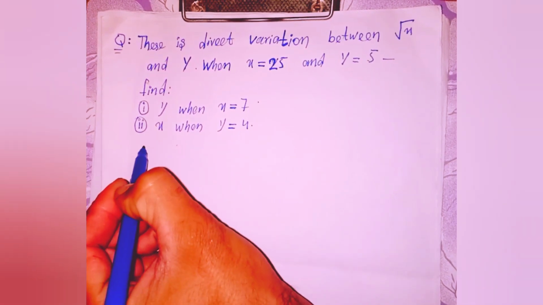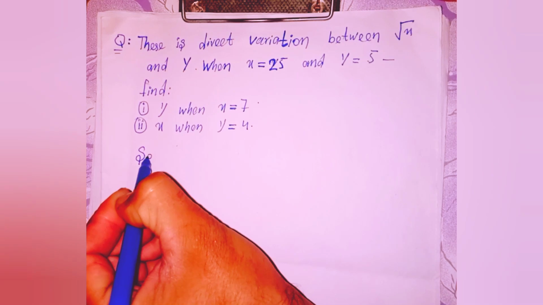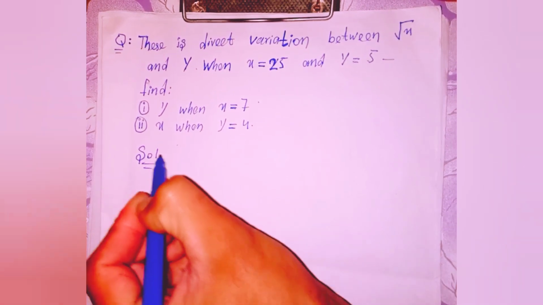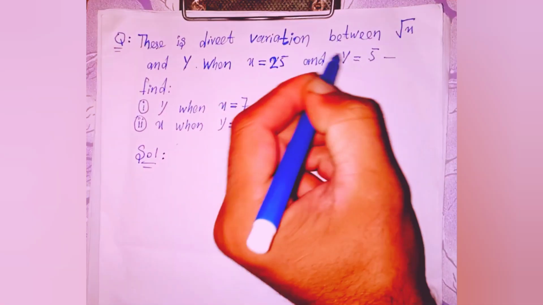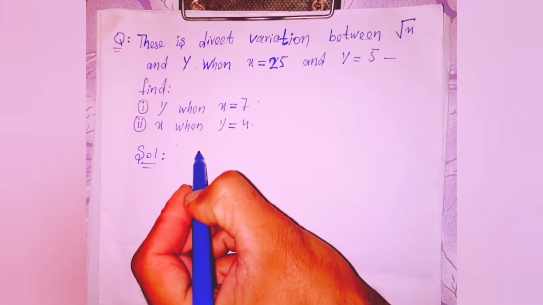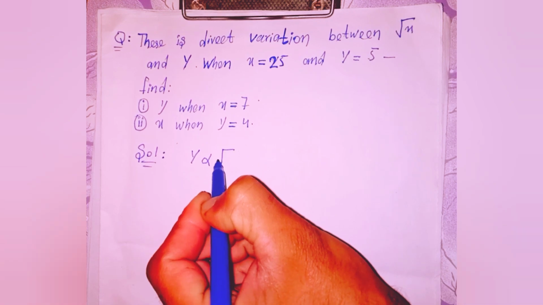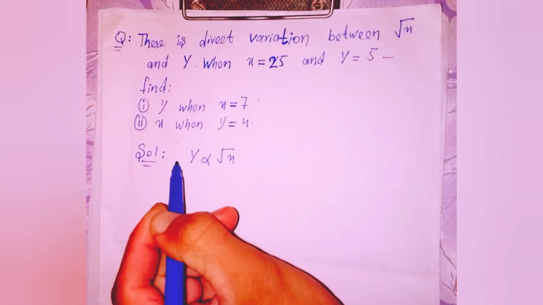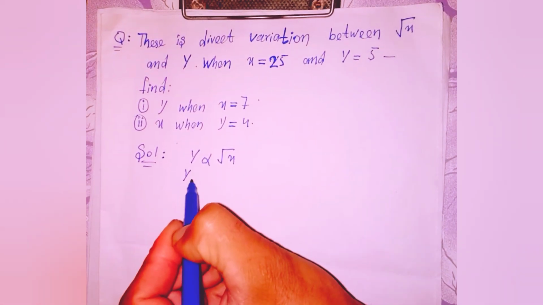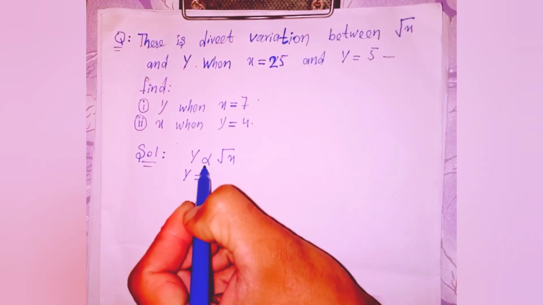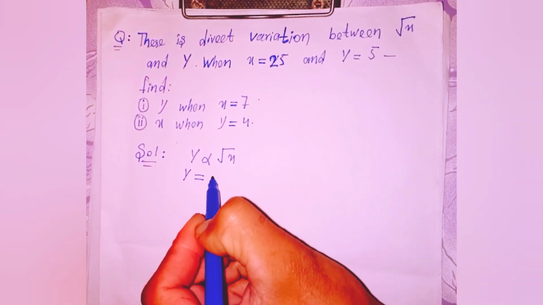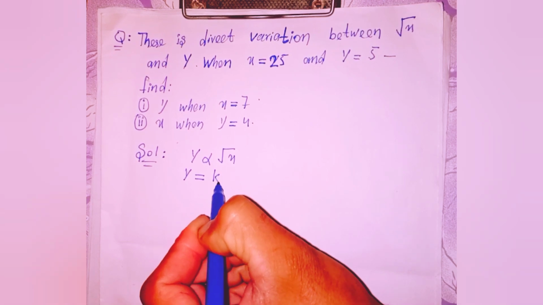So first of all, we have to write the direct variation. Here we have direct variation: y is directly proportional to √x. So if we write equal to, we will replace the direct variation by a constant k.